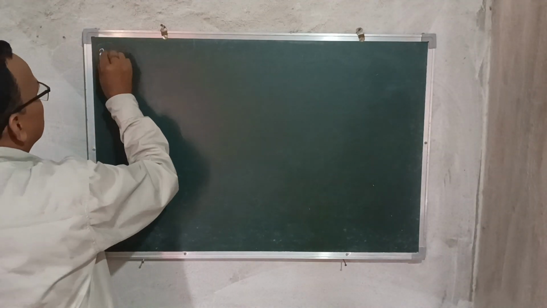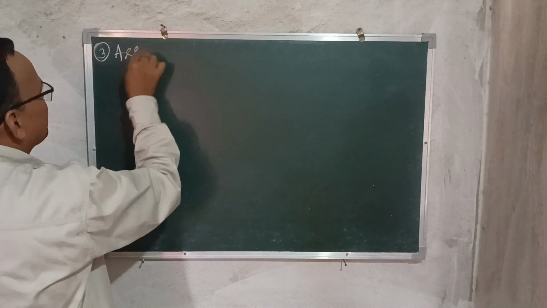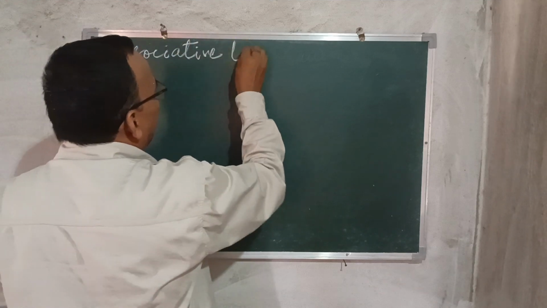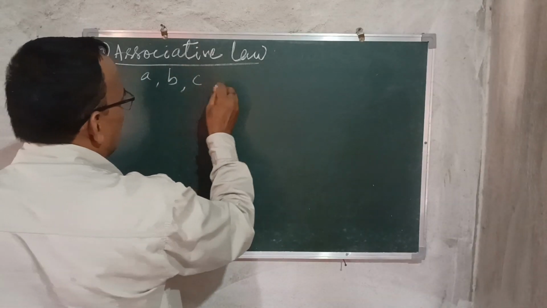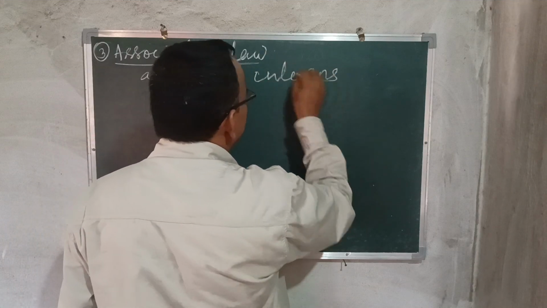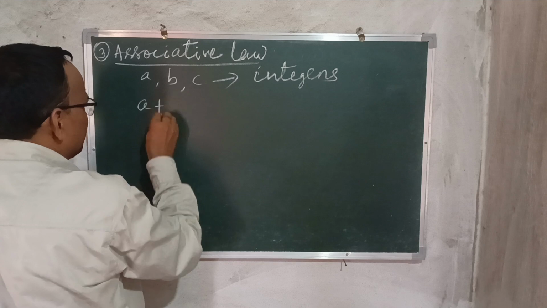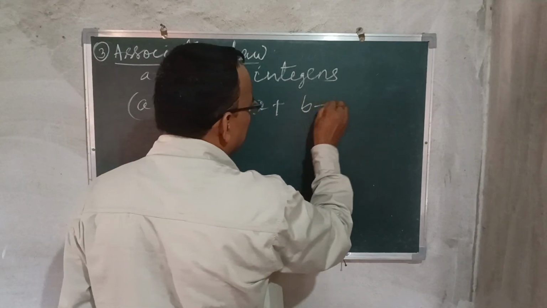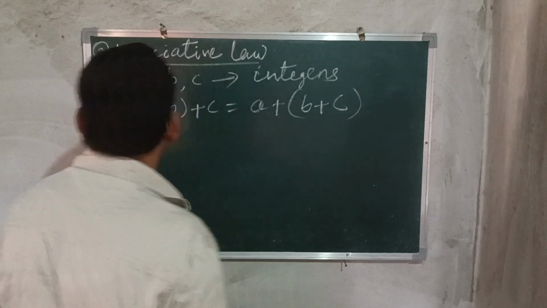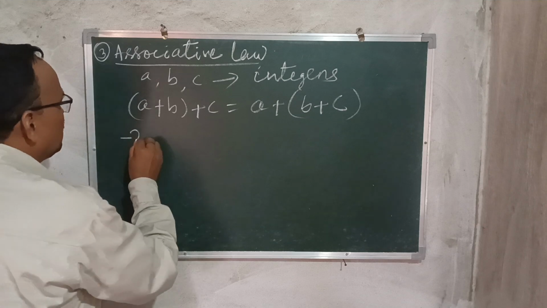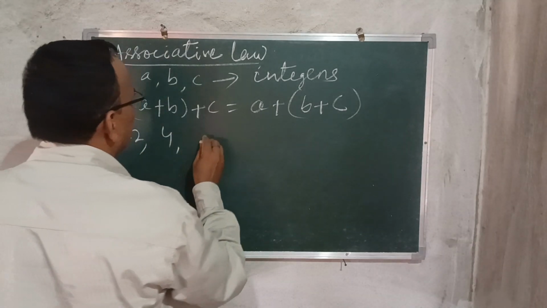Associative law, number 3. If A, B, C are integers, then (A plus B) plus C is equal to A plus (B plus C). Let us take an example: minus 2, 4, 3.